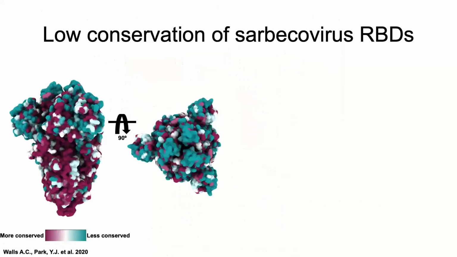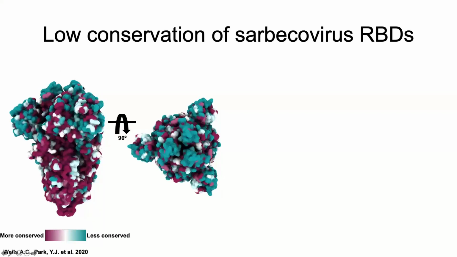However, when you look at sarbecovirus spike proteins and you look at the structure, unfortunately, the most conserved region is down here in what we call the S2 subunit, the region that's responsible for membrane fusion. This is the region that contains that 2P mutation, preventing the refolding from the pre to post fusion.